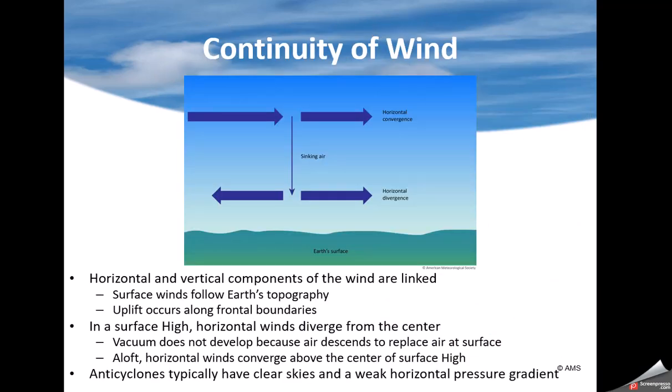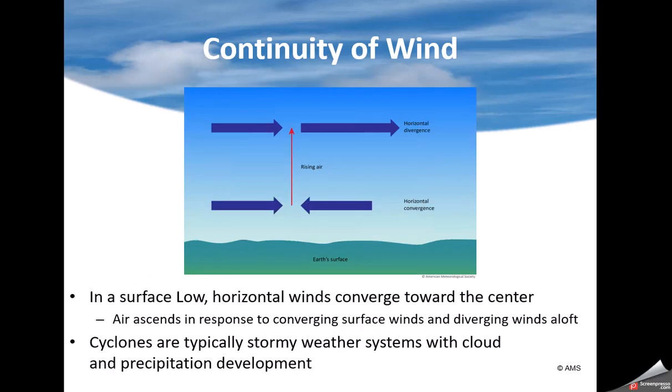And here you can see that. Now, the atmosphere is a fluid, so what you do in one part of it moves the rest. If I have divergence at the ground level, then the air above it is going to want to sink down and take its place. So you probably have convergence aloft. By the same token, if I have divergence in the upper atmosphere, I probably have convergence at the ground and rising air.